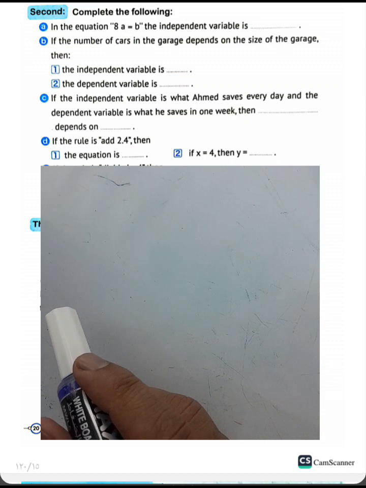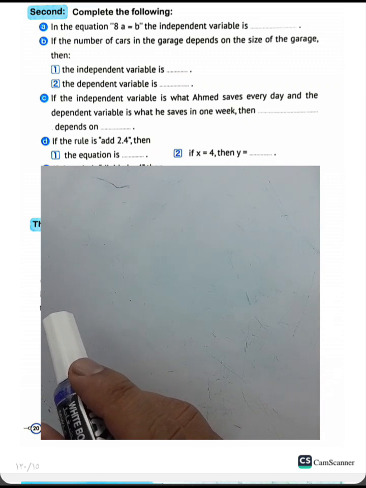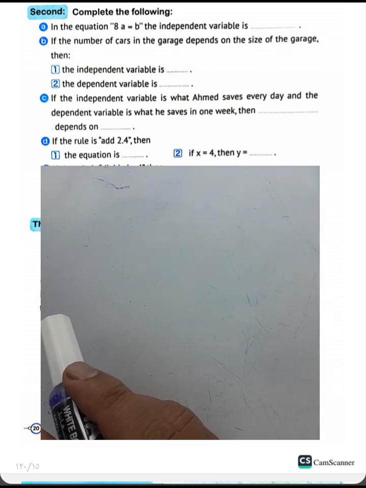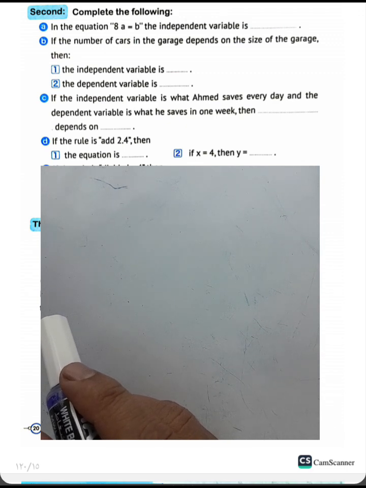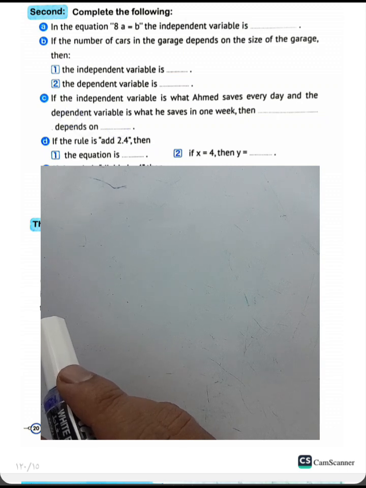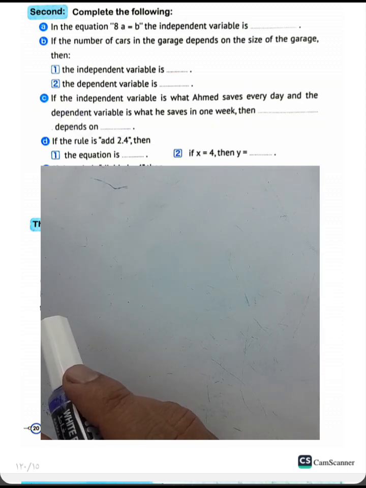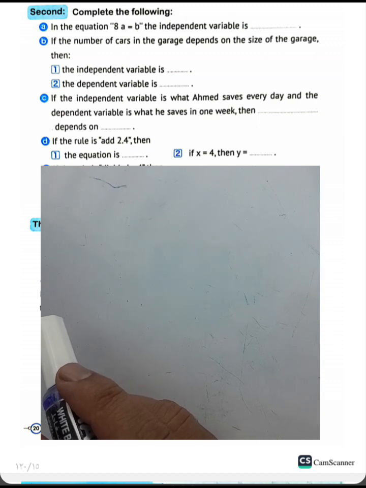So again, we have dependent and independent. Look at this word again. Then space depends on, meaning independent. Depends on, and right here independent what? What Ahmed saves every day. So the dependent is what Ahmed saves in all week.